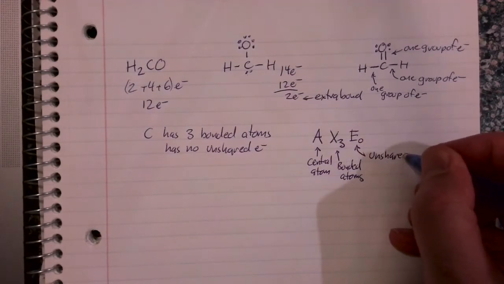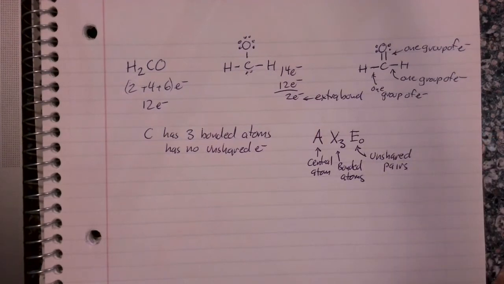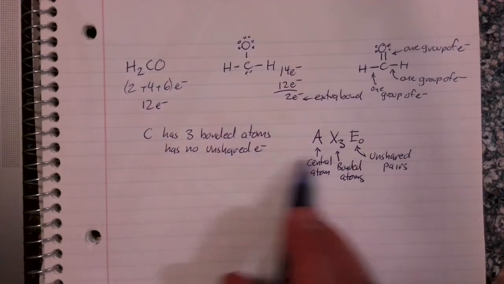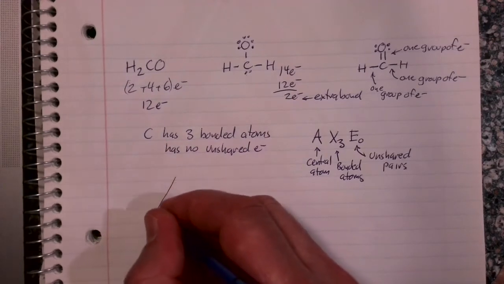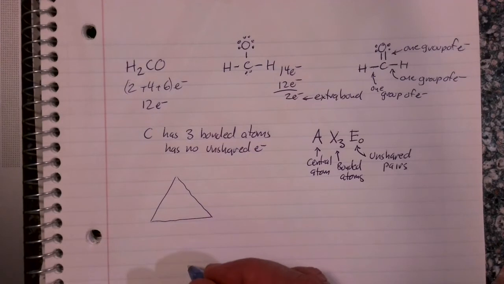The reason we give it this name is because we're going to figure out the geometry of this, and then anytime we see something else that fits this description, we'll quickly identify its shape, because we can say, oh, that's just another one of those AX3E0, and so I already know its shape. So what is this? Well, that's 3 things arranged around a central atom. And 3 things around a central atom are clearly going to be at the points of an equilateral triangle, right?